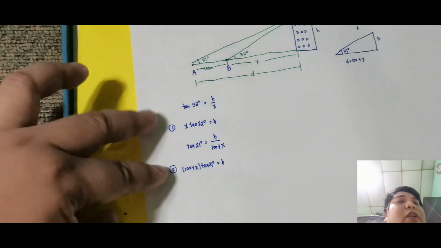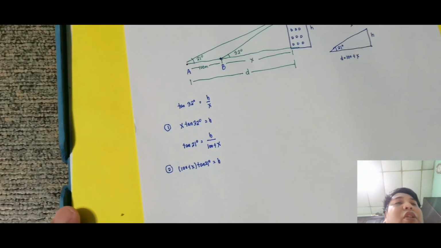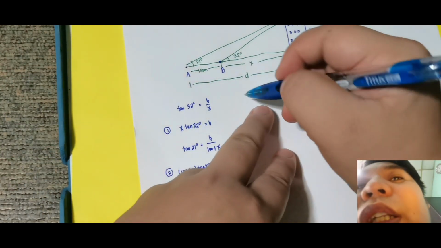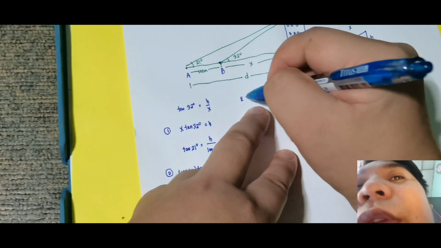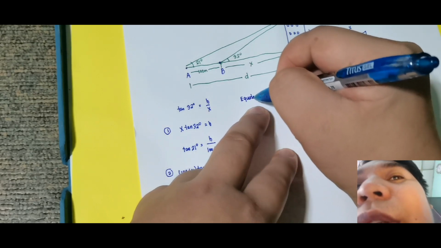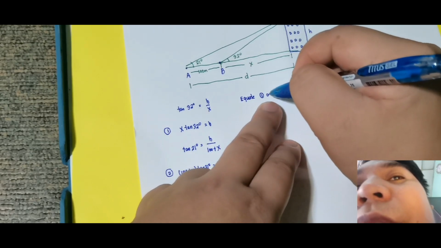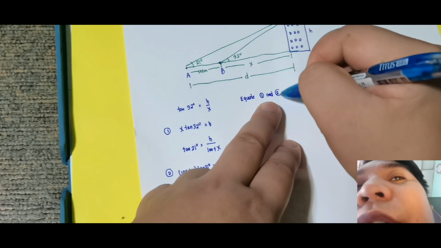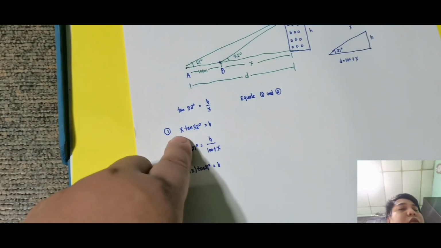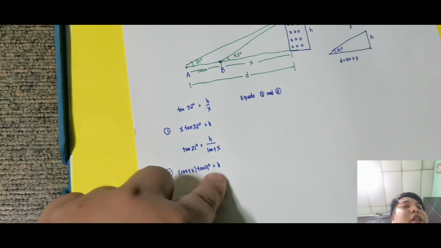Okay, so next meron dalawa tayong equation. Equate natin yung dalawang h, no? So equate equation 1 and 2. So in terms of h, h is equal to x tangent 32 degrees, h is equal to dito.